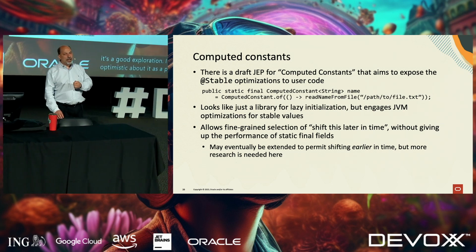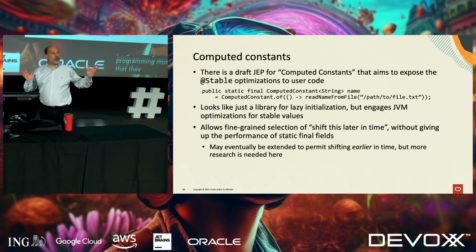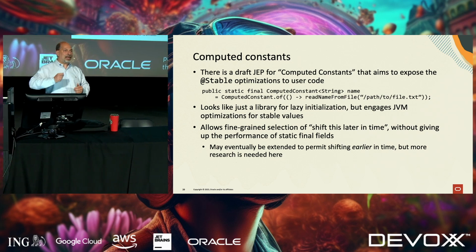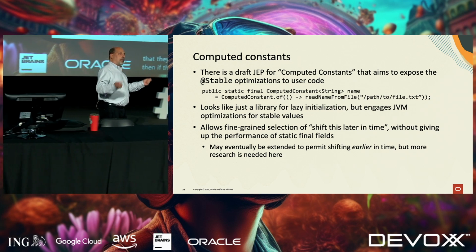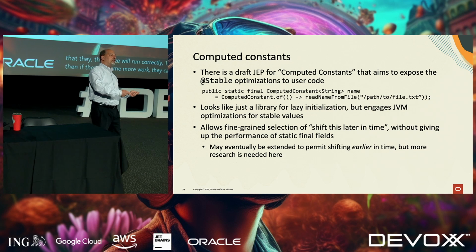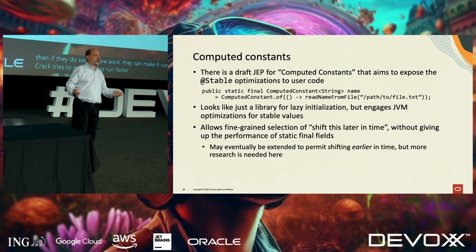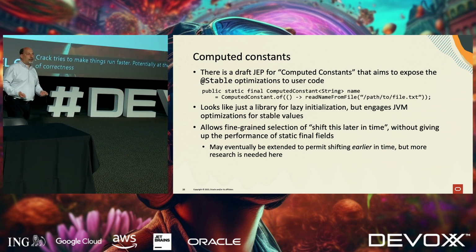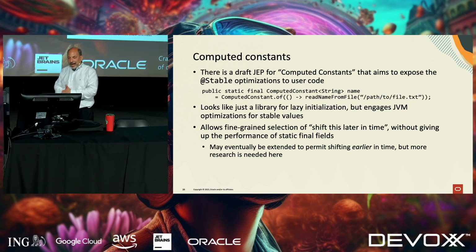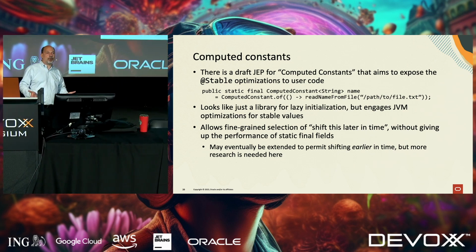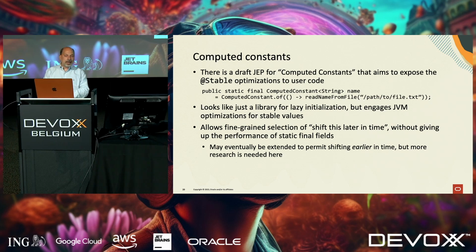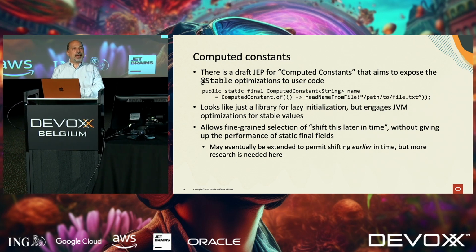I would much rather give people a programming model where whatever code they have will run correctly 100% of the time, and then if they do some more work, they can make it run faster. CRaC tries to make things run faster, potentially at the expense of correctness, and I don't like that trade-off. But I think it's an interesting exploration. I'm glad it's going on, but I wouldn't bet on that direction.